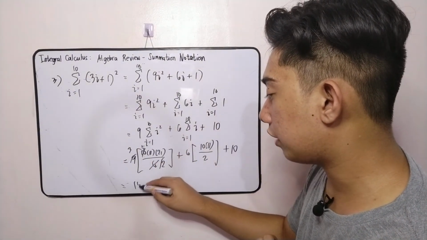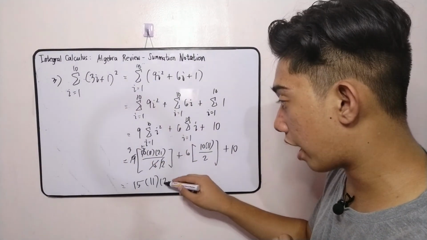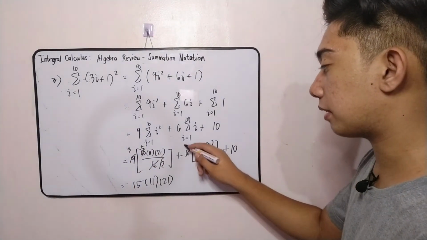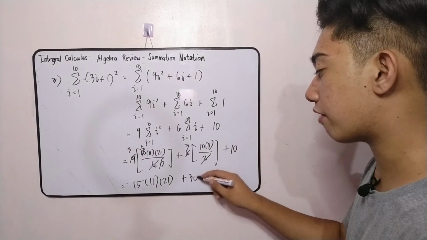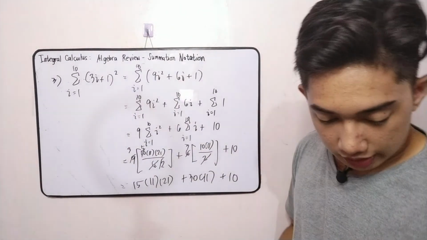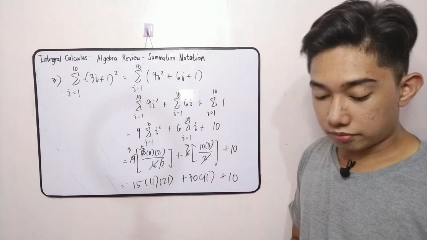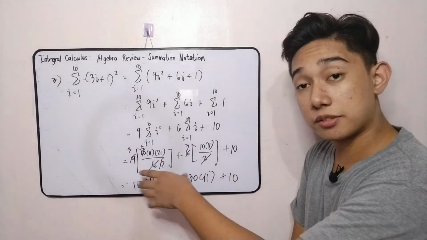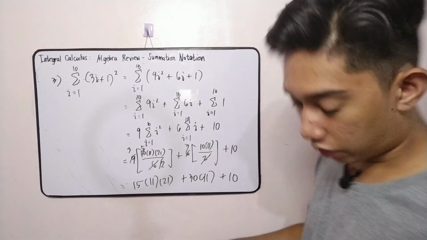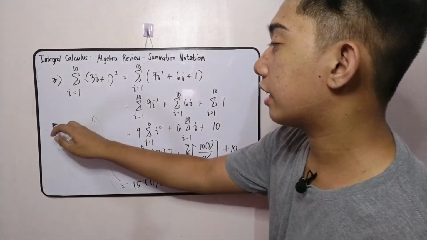So this becomes 15 times 11 times 21. Because it's just 3 times 5 now. And this one, this cancels. What remains here is 30 times 11. Then plus 10. Okay? And let's say we have solved everything. We perform the multiplications, then we add everything. The correct answer is 3,805.